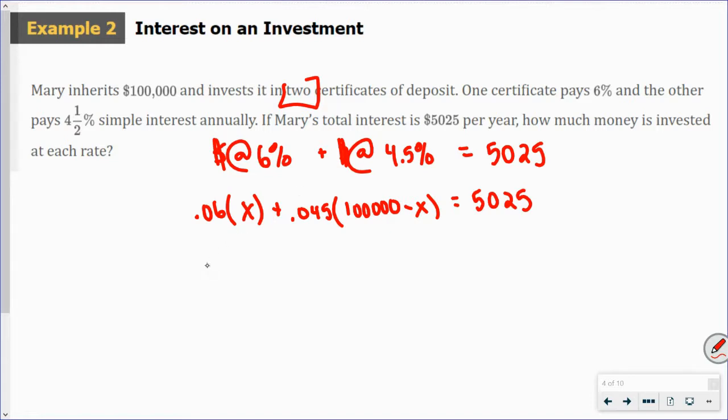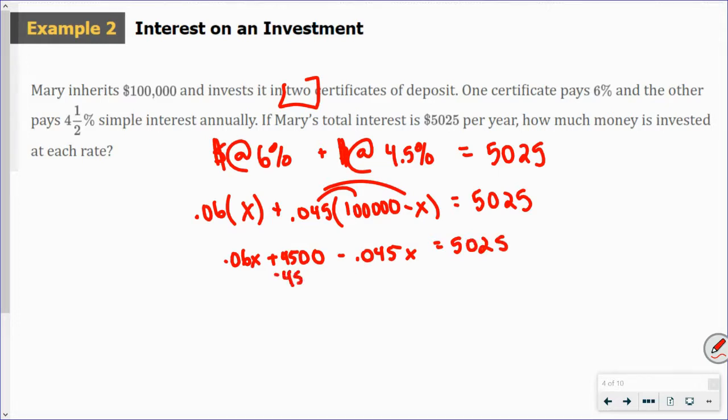So we have 0.06x. We can distribute this. 0.045 times 100,000 is 4,500 minus 0.045x equals 5025.